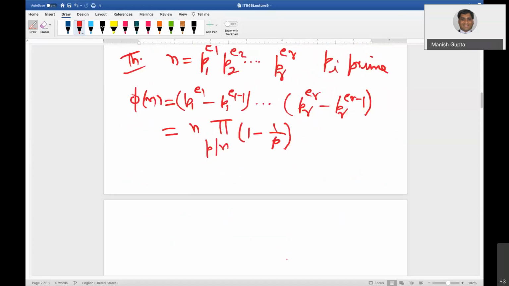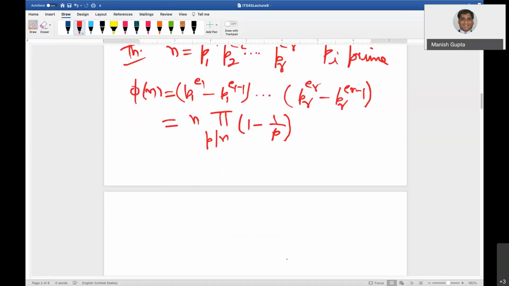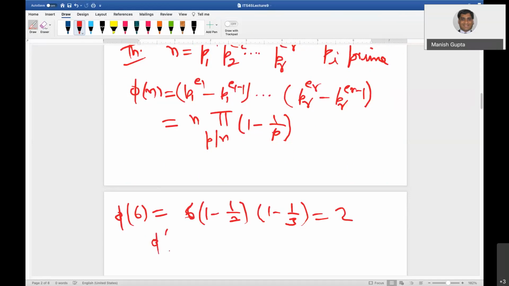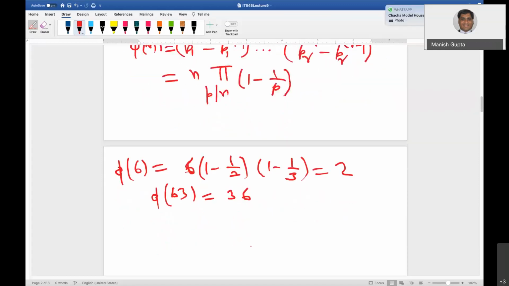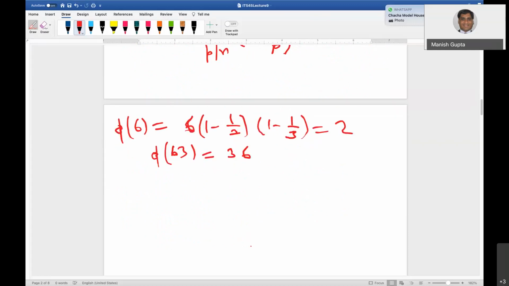Okay, so this is a formula. From this formula I can find the value of phi of 6 as 6 into 1 minus 1 by 2 into 1 minus 1 by 3, which is 2. You can verify some of these things, like phi of 63.